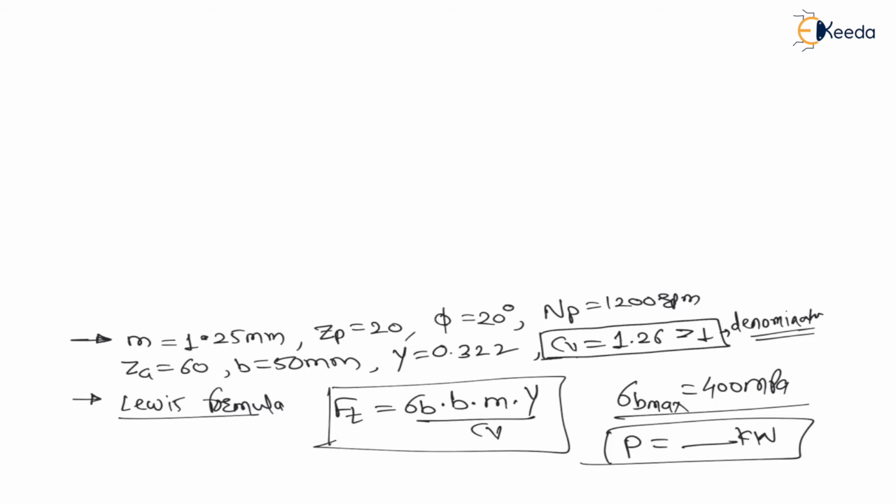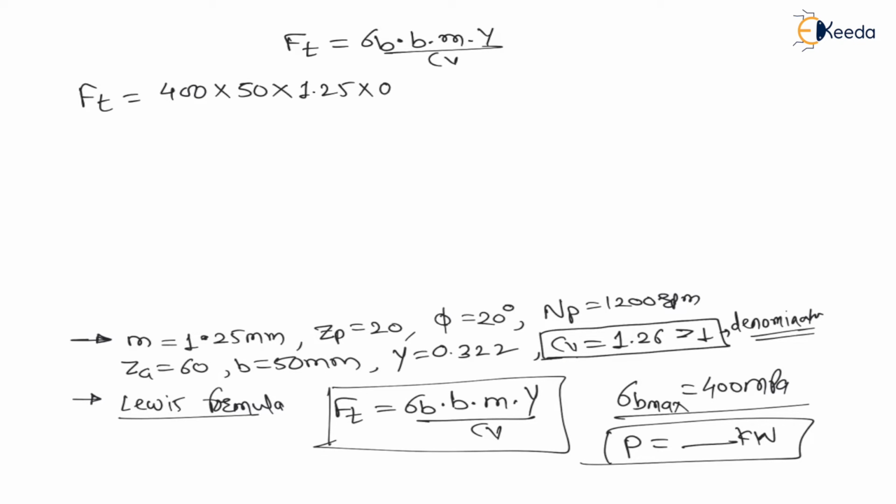Now use the Lewis formula, that is tangential force carrying capacity is equal to sigma b b m y divided by CV. Now put all the values, therefore Ft is equal to sigma b is given 400 MPa, b face width is 50 mm, module is 1.25 mm, y Lewis form factor is given 0.322, divided by CV is given 1.26.